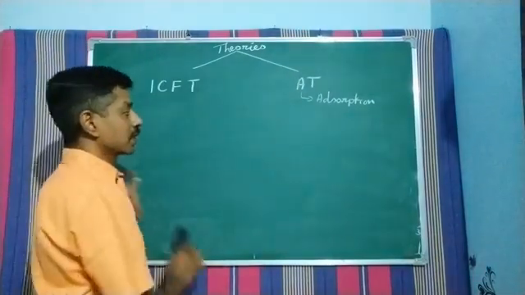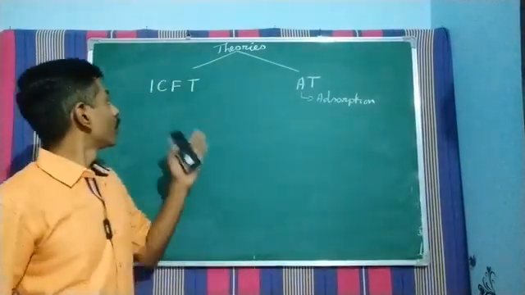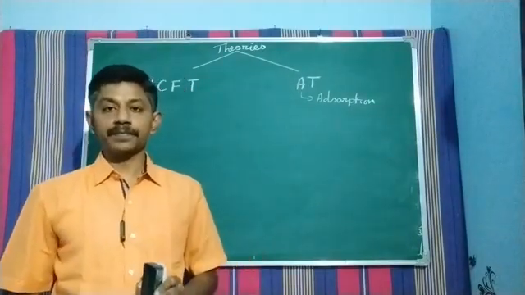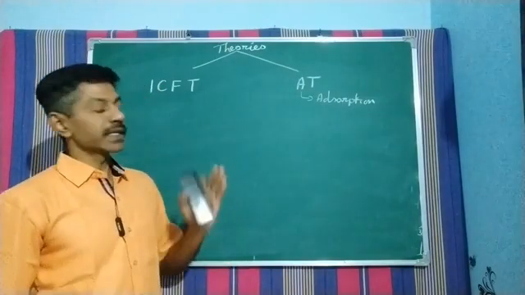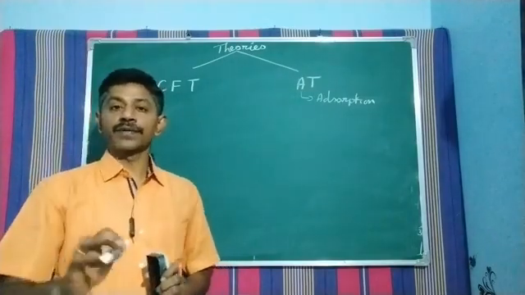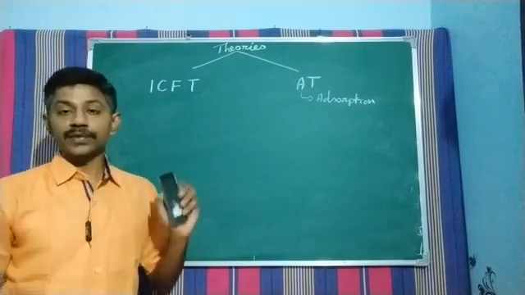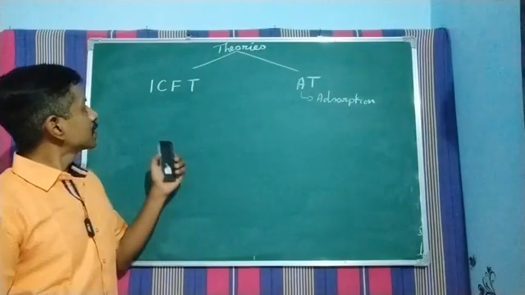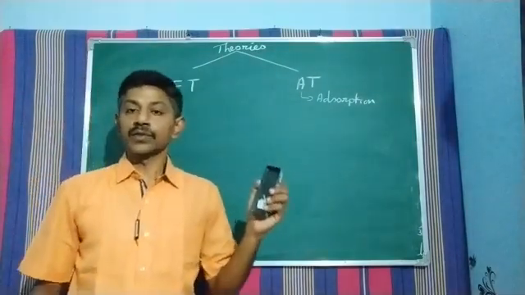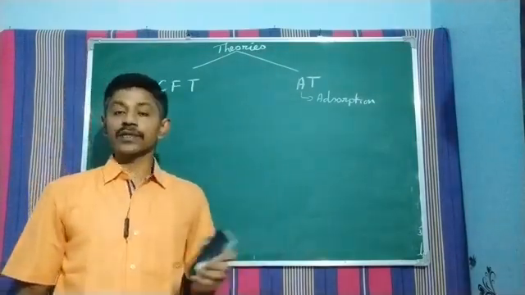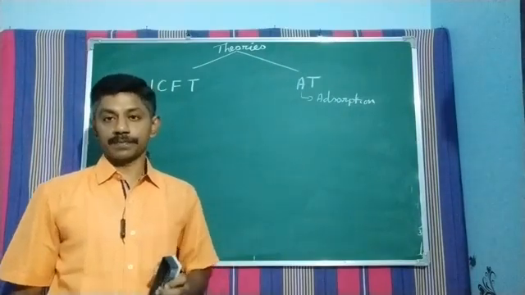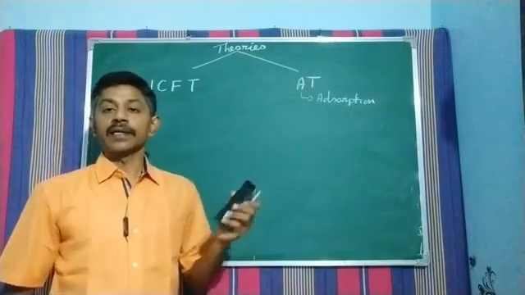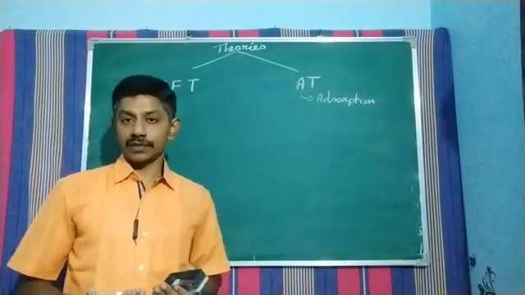Dear students, just now we have learned about the intermediate compound formation theory of catalysis. But this theory was not successful for every field because it had some limitations. The limitations are that this theory could not explain the promoter concept and catalytic poison. And also it could not explain heterogeneous catalysis reactions.